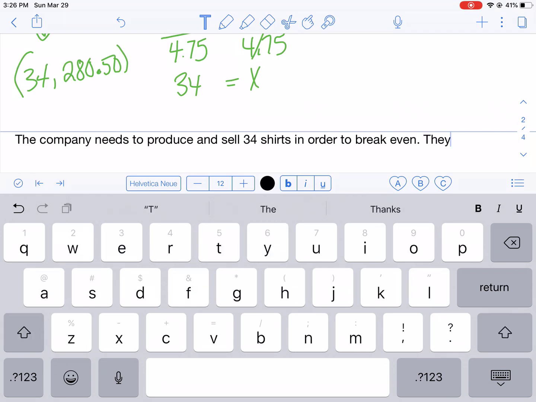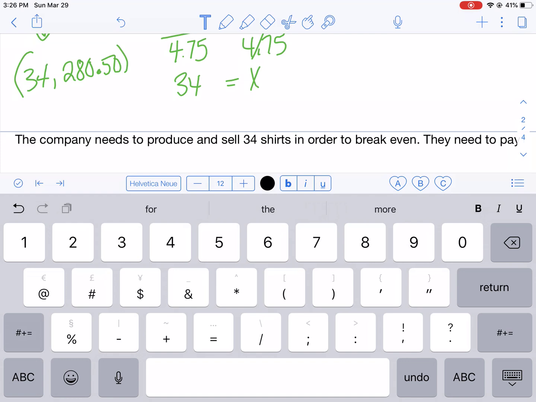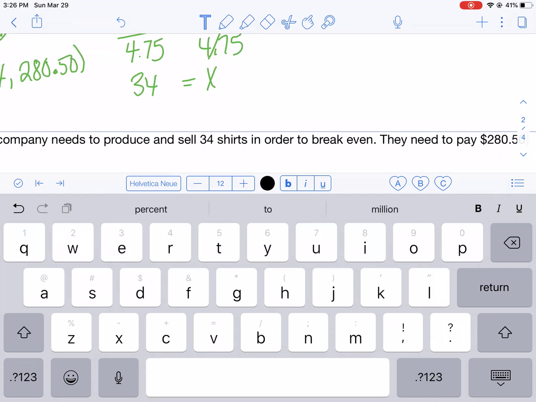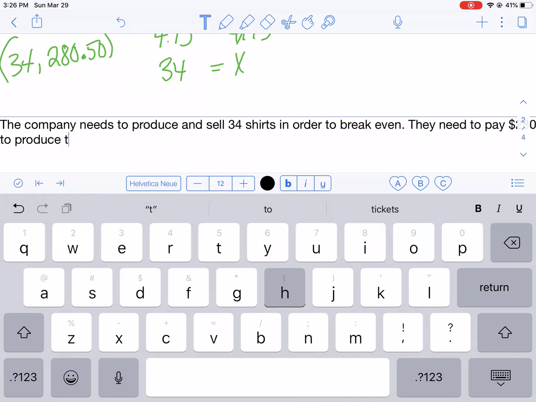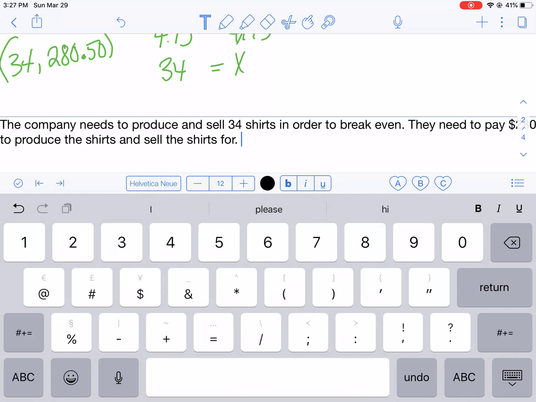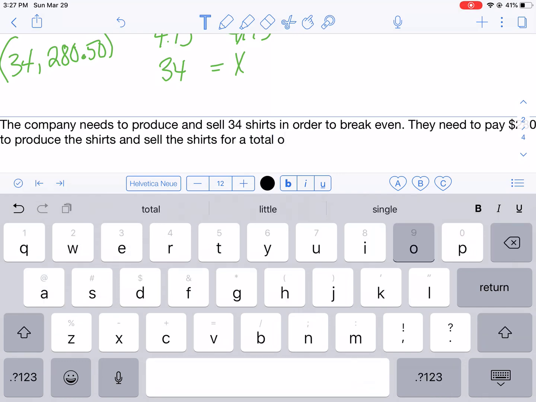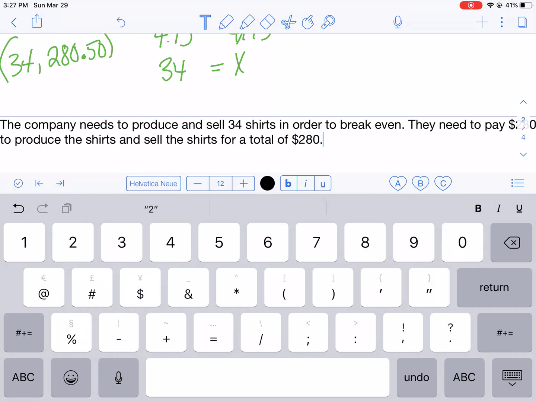They need to pay $280.50 to produce the shirts and sell the shirts for a total of $280.50.